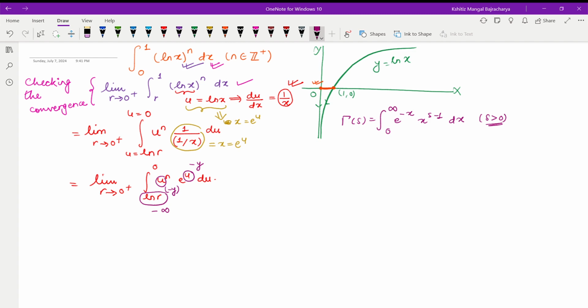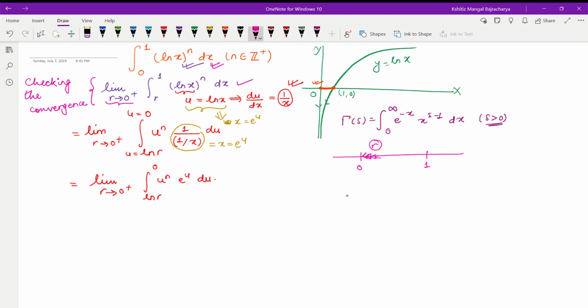Now let's see if the substitution u equals minus y makes any kind of sense or not. From this integral, r tends to 0 from the plus side, so it is okay to take r to be less than 1 since we are making it go closer and closer to 0.